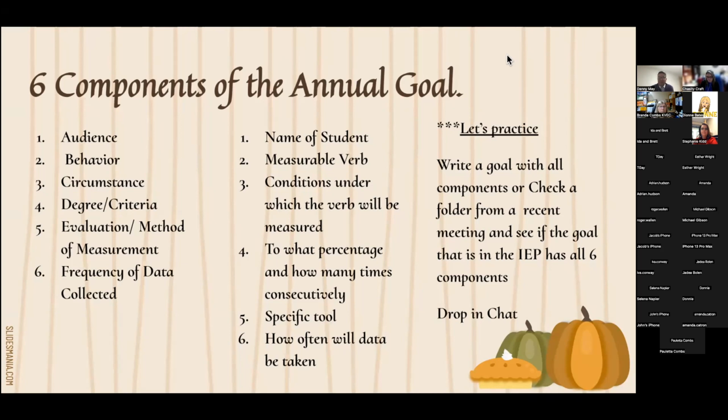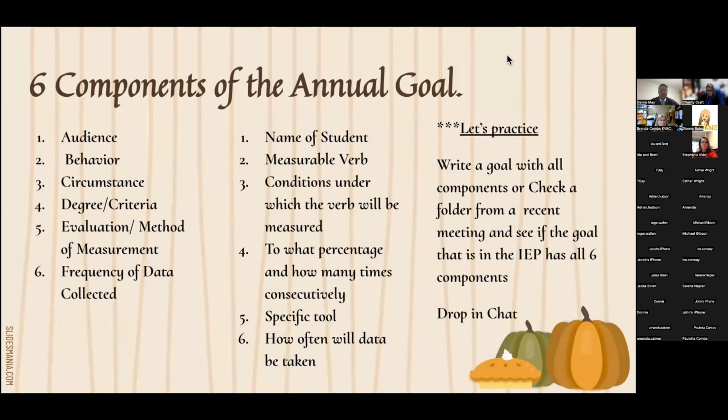Okay. And then the degree criteria is to what percentage and how many times consecutively the student will be able to do that. So if you're giving a student a task with 5 problems and they get 2 of those problems, then you're going to be able to turn that into a percentage. Okay. 2 out of 5. My math person, where are you? 40. Right. That's 40%.